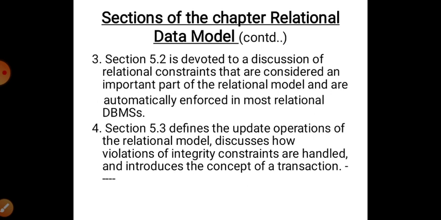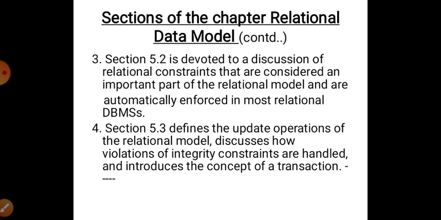Point number 3. Continuing the sections of the chapter on the relational data model, section 5.2 is devoted to the discussion of the relational constraints, which are considered an important part of the relational model and are automatically enforced in most relational DBMS.